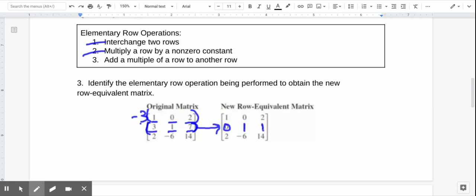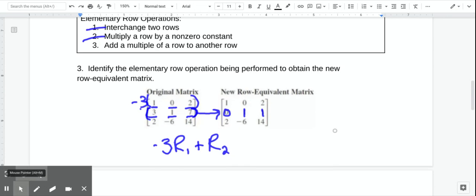So that's what happened. We took row 1, multiplied it by negative 3, and added it to row 2. That's an elementary row operation that was performed to get this new matrix. These matrices are equivalent. I know they don't look the same, but they are equivalent as far as the equations.